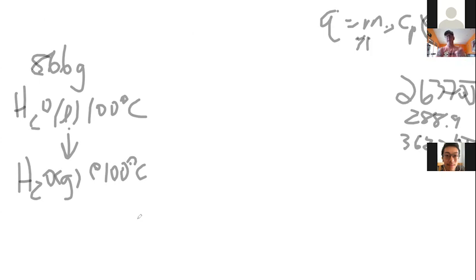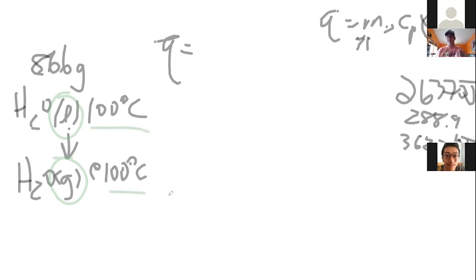So we need to figure out how much heat it takes to do that. So again, we're going from a liquid to a gas. So we are doing a phase change, and we are not changing the temperature.